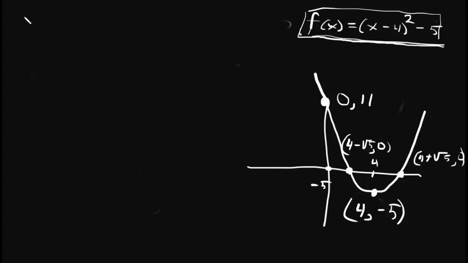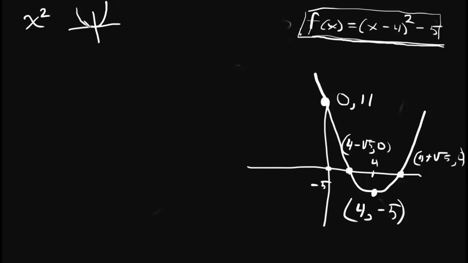If I had a plain old x squared, the graph of this would look like this. Yes, it would be one of our happy graphs, a smiling parabola going up on both sides.